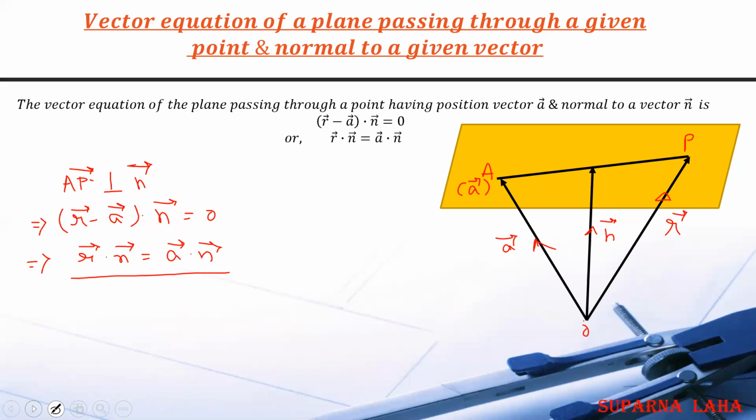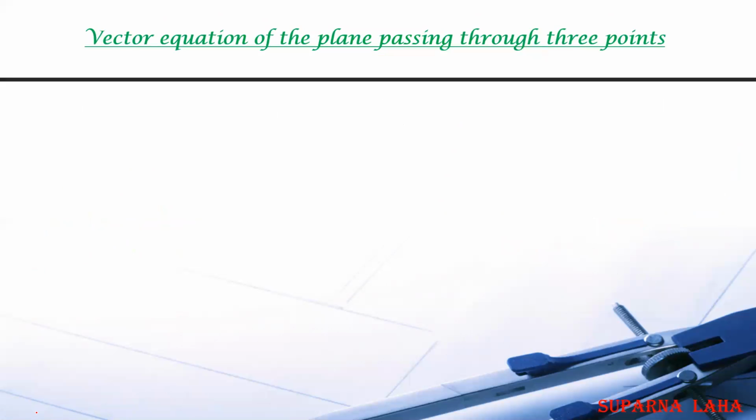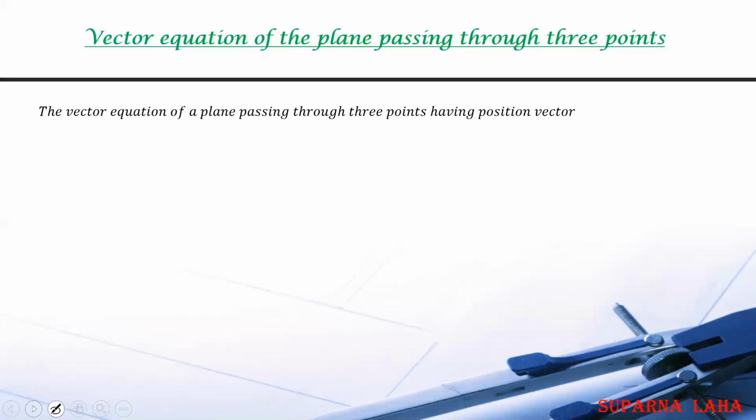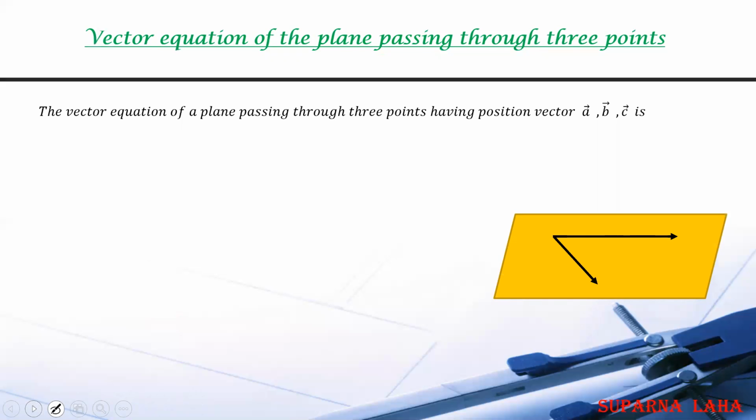Clear? Now let us move to the 3 point concept, that is the vector equation of the plane passing through 3 points. So we need the position vectors of these 3 points. We are taking the position vectors of the 3 points as vector a, vector b and vector c. So taking the plane and the point A here whose position vector is a, B another point whose position vector is b, and C another point whose position vector is c.